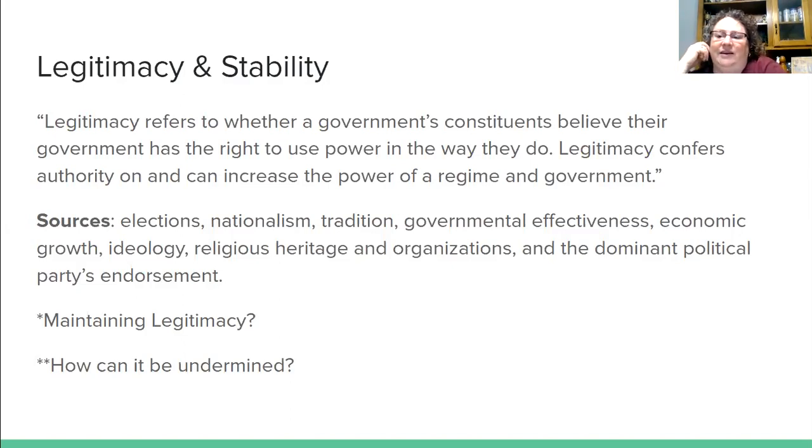When you think about China, what are they doing it for? They're doing it for the Communist Party, that belief in that, or for Mao, or whatever it is that you believe. Religious heritage organizations, the dominant political party's endorsement, if they're saying this is okay.